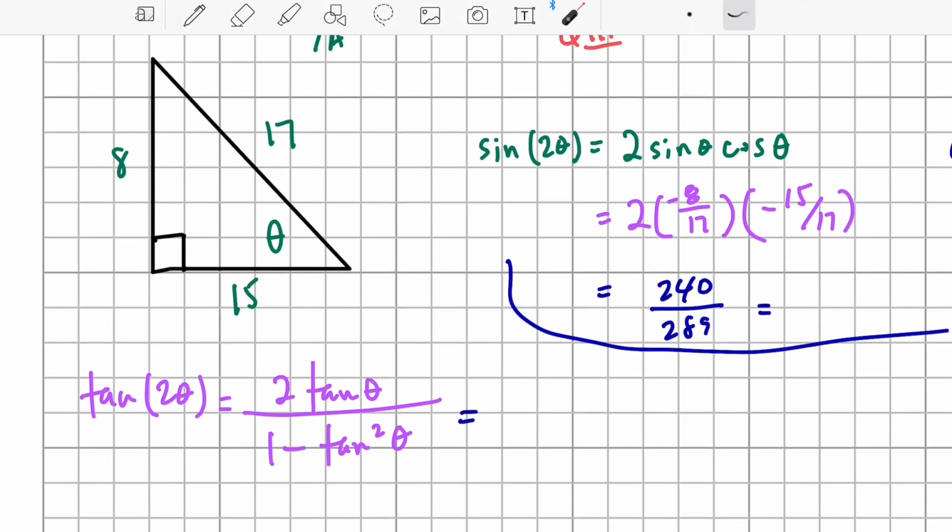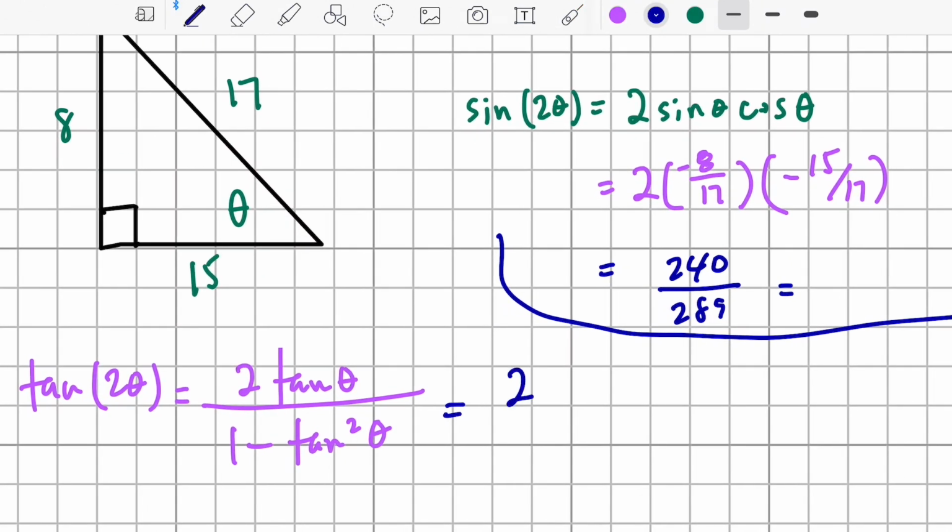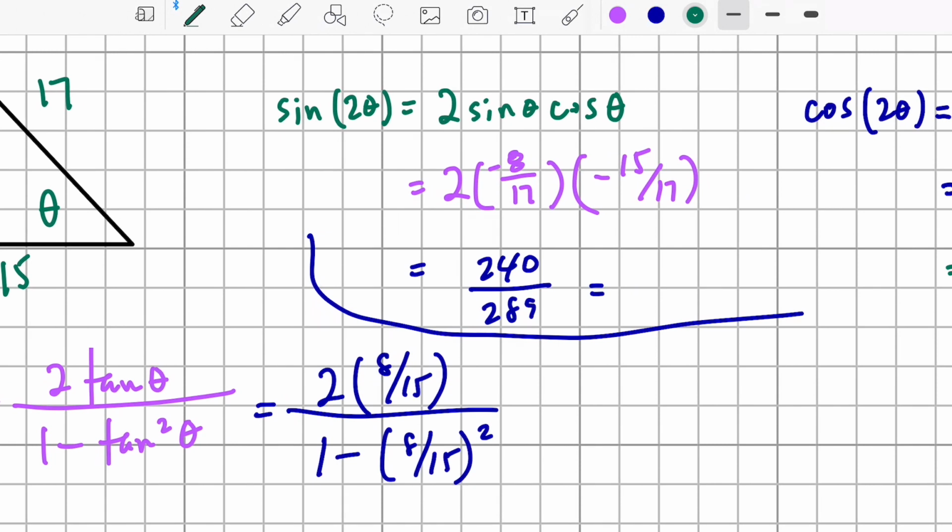Now tangent is defined as, here's the angle, the opposite, which is 8, over the adjacent, which is 15. So it'll be 8 over 15. So 2 times 8 over 15 divided by 1 minus 8 over 15 squared. The numerator is easy.